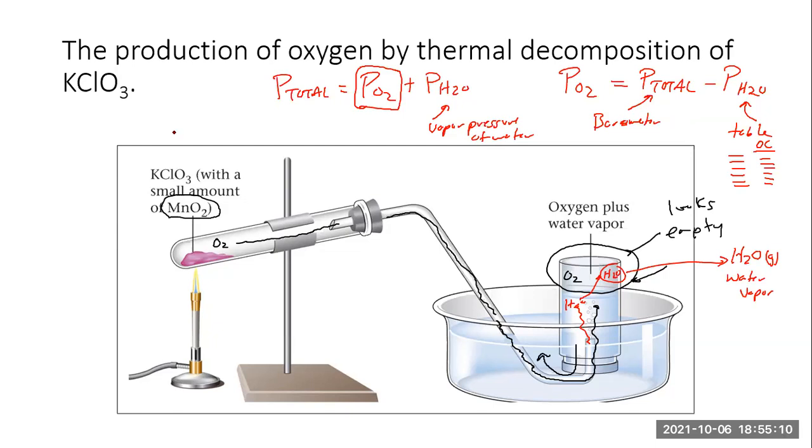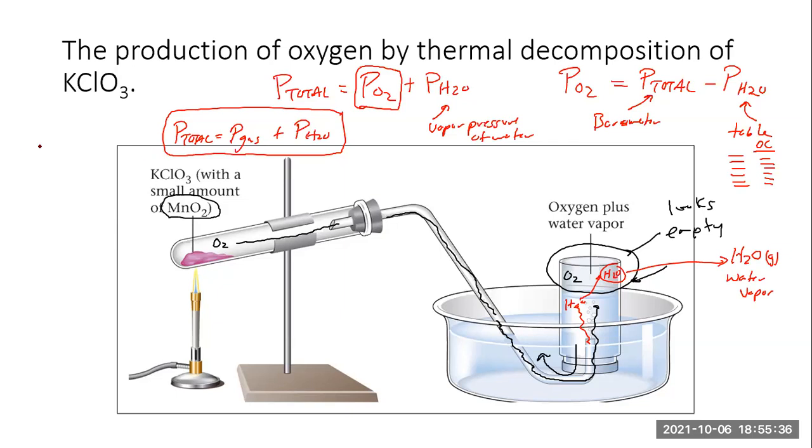So in a general way, the total pressure is the pressure of the gas you're interested in plus the vapor pressure of water. So this is another way that we could do a partial pressure situation. How do you know it is this situation? Usually there's a couple of words that pop up in the problem that tell you.